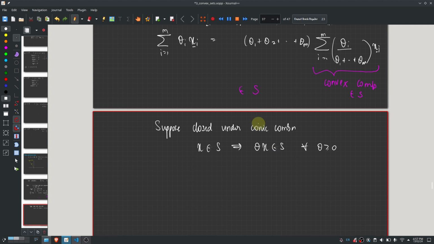So this is a cone. It's closed under all possible conic combinations, but the set of convex combinations is just a subset of the set of all conic combinations. So it should also be convex because we're only imposing additional restrictions on the kind of linear combinations we're allowing.